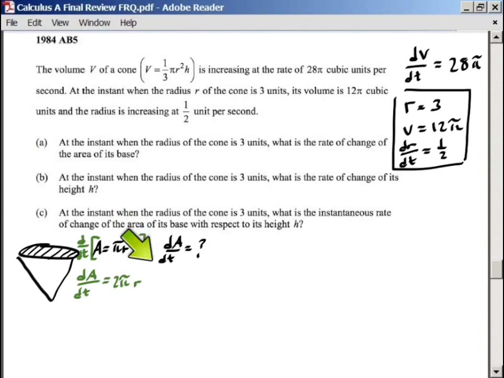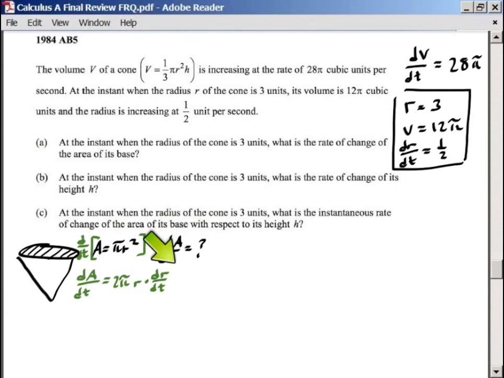Because this is squared, I still have an r right here. But what am I supposed to multiply it by after I take the derivative with respect to t? dr over dt. Okay, so I took the derivative, this is what I got. Now I have this equation that I can use to find dA over dt. So dA over dt is what I'm trying to find. Do I know what r and dr over dt are?